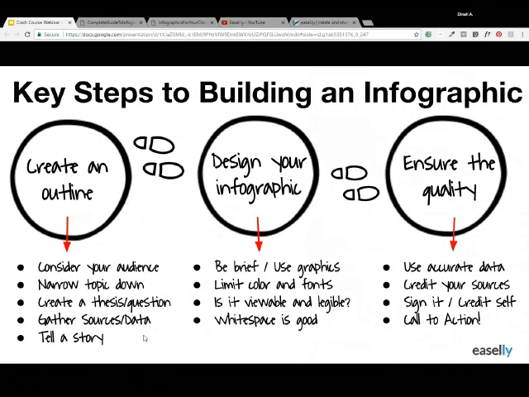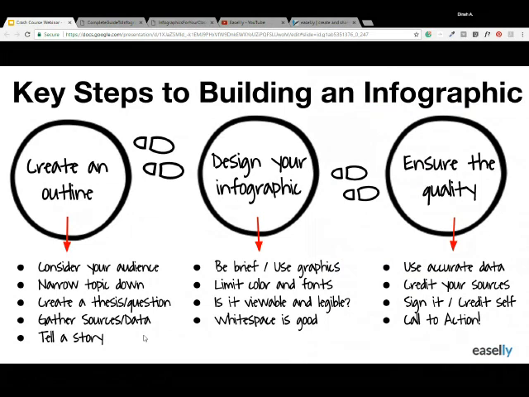So again, you need to consider your audience. You're going to want to narrow your topic down. You're going to want to create a thesis and gather all of your sources and your data and make sure they're all coming from credible sources. And as you're creating your outline, is there some type of story that you're building through that?